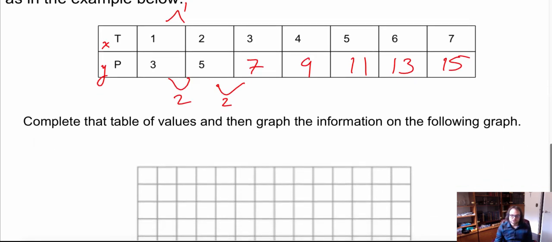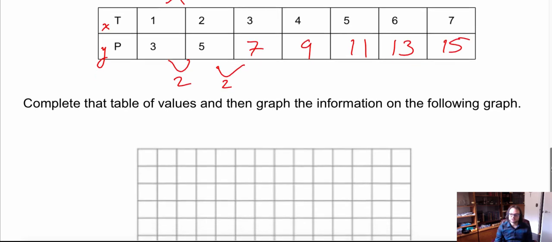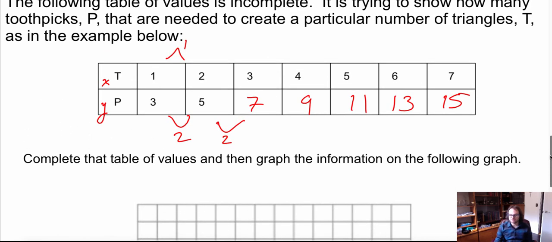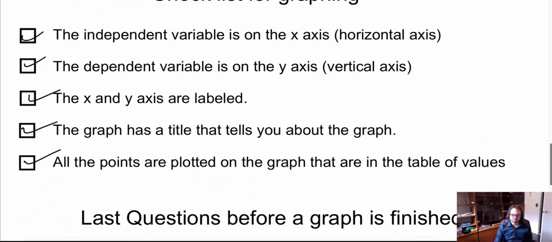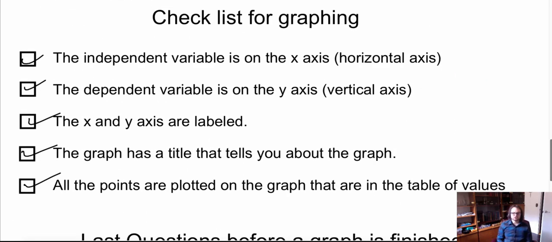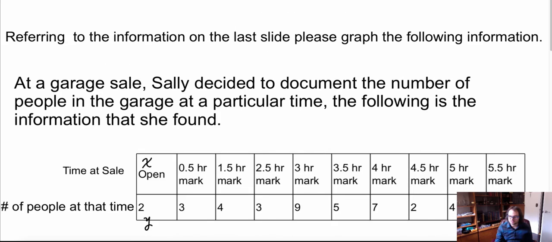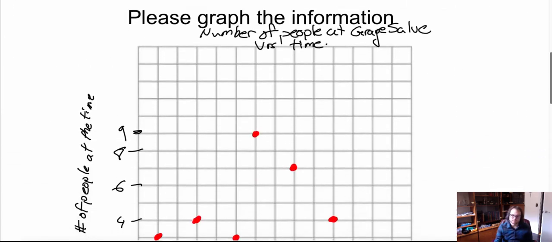So now that we complete it, we're going to graph it. How do we graph it? We're going to go back to this table, or our checklist, to graph. So we know what our independent and dependent variables are. That's done. Now we have to figure out and label our x and y. Then we need a title for the graph, and then we have to see if it's continuous or discrete.